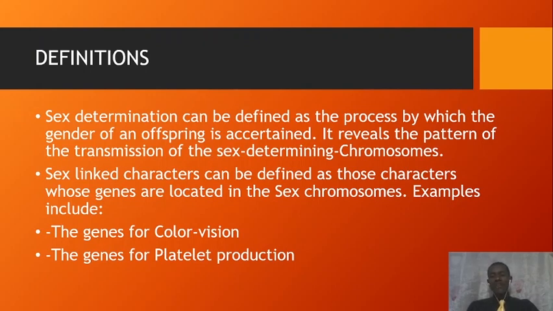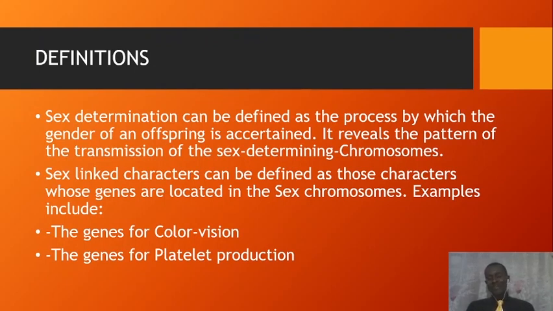In every human cell, of course, a human being is made up of billions, trillions of cells. If you bring out one cell, just one, inside one cell you have 46 chromosomes.